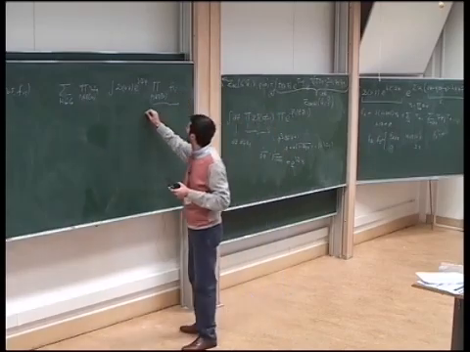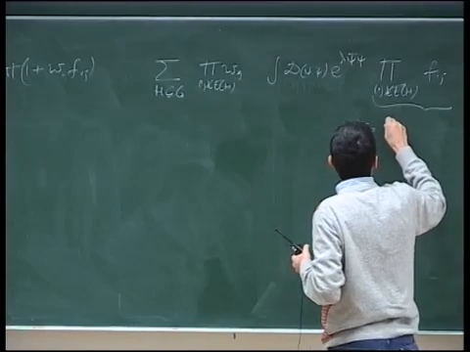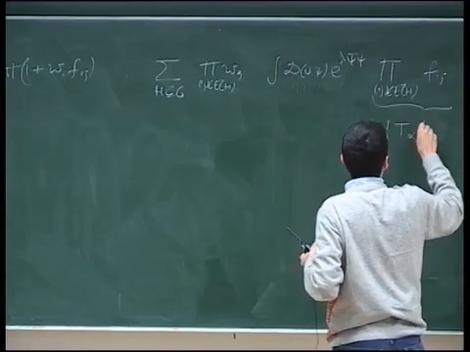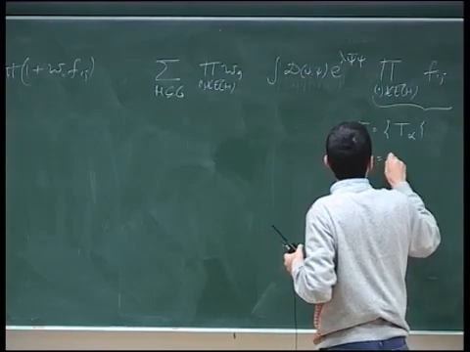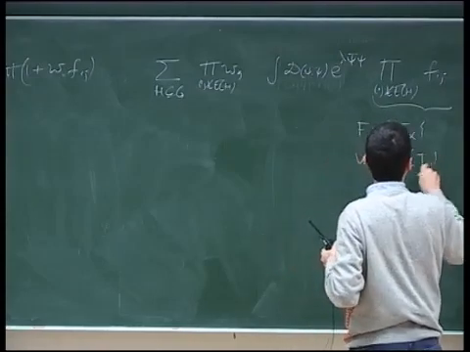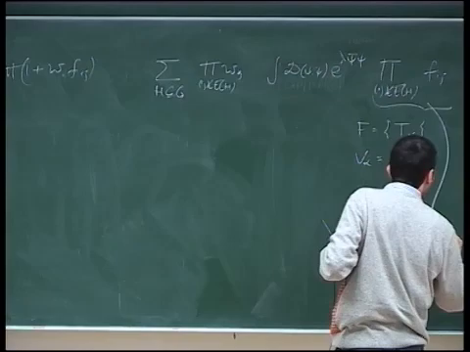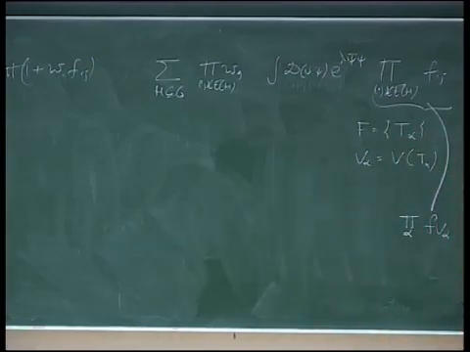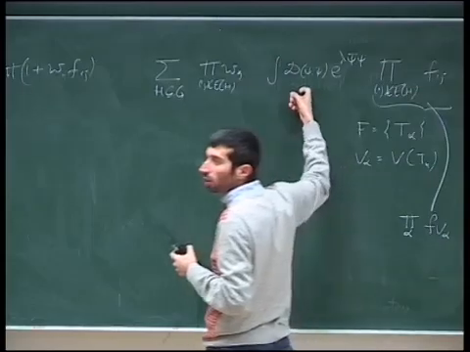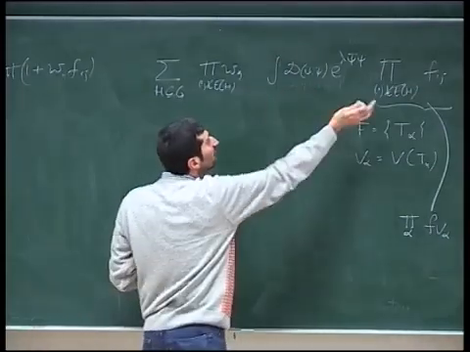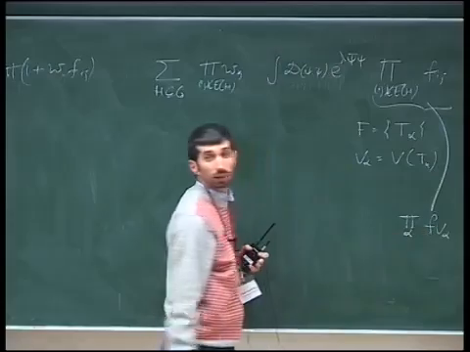So if you have that F is a collection of trees, and call V alpha the vertex set of T alpha, this is just the product over alpha of f of V alpha. And so this measure, which is factorized on every side, is such that the integral is factorized on every component.